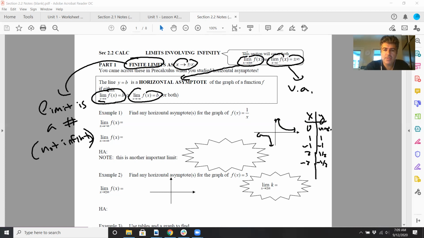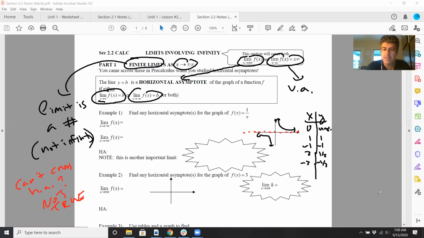And you guys learned that there would be a horizontal asymptote, but the misconception with horizontal asymptotes is that people think you can't cross horizontal asymptotes, and that's not true. You actually could cross horizontal asymptotes.